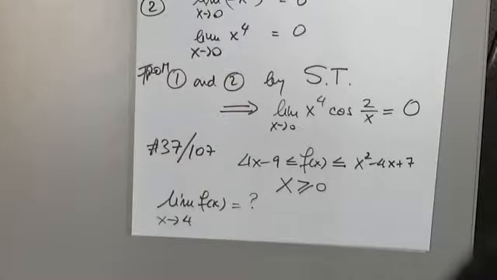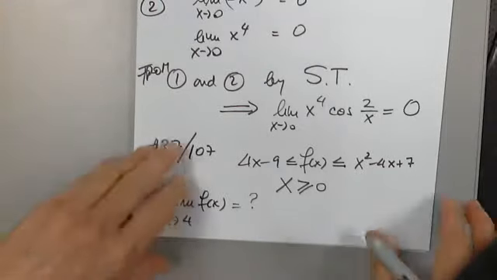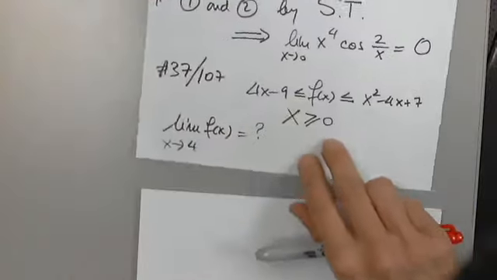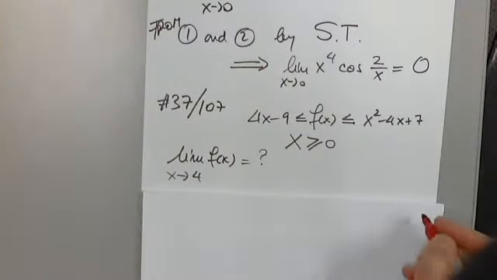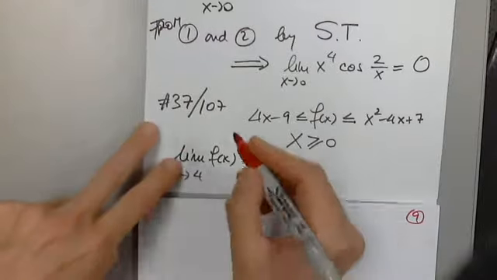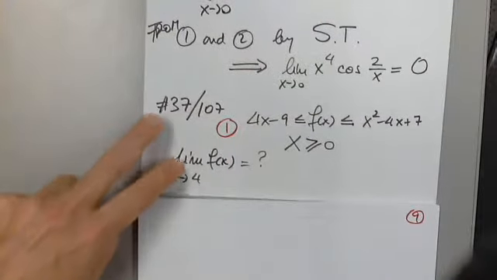My only hope is that I can use the squeeze or sandwich theorem. Yep. Luckily for us, we already have the first condition fulfilled. We are given the first condition.